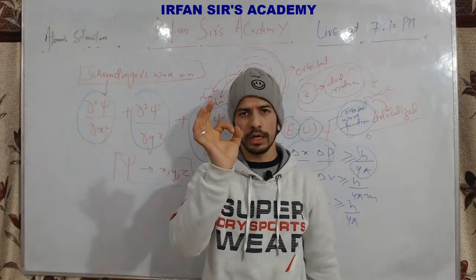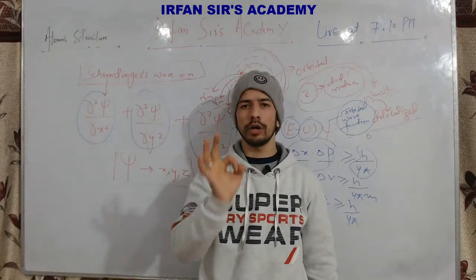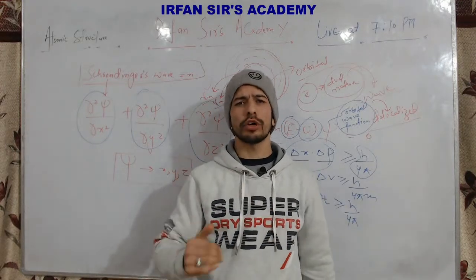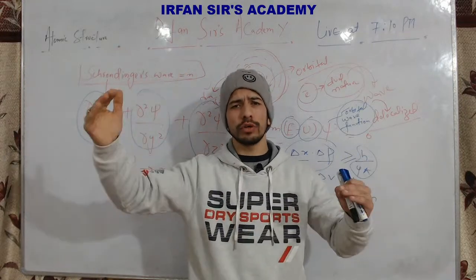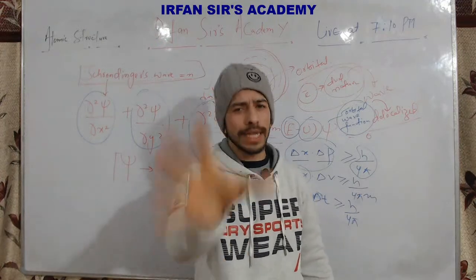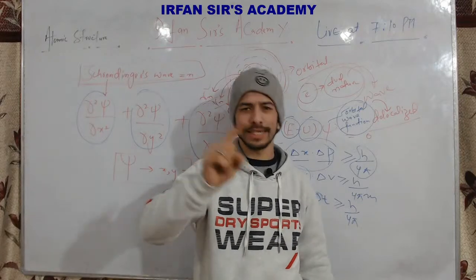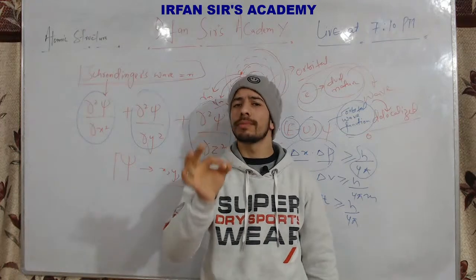Now, in an atom there is a nucleus, and the electron revolves around the nucleus in a three-dimensional region. What is the maximum boundary up to which it goes? It is the three-dimensional region where the probability of finding the electron is maximum. That's called the orbital. It means the amplitude of the electron wave is the amplitude of the atomic orbital of that electron.